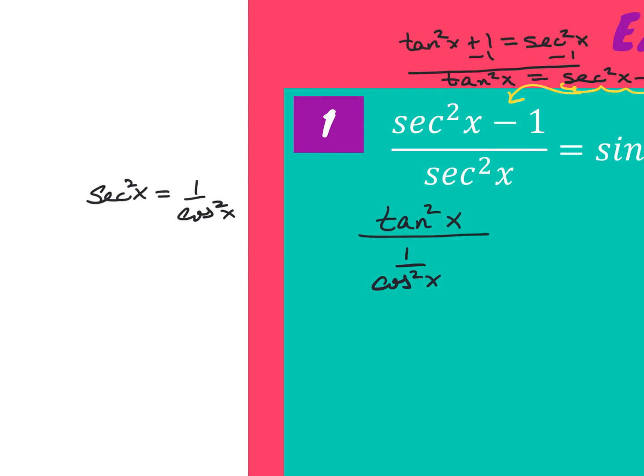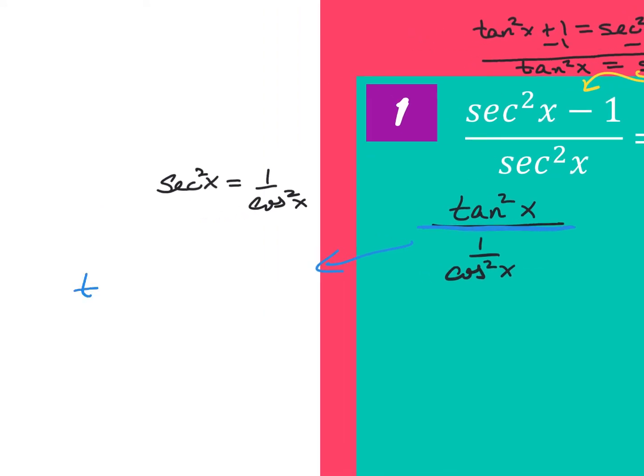Now remember, this fraction bar means division. So really what we're doing here, and you don't need to necessarily show this, but let me show you over to the side, is tangent squared x divided by 1 over cosine squared x.